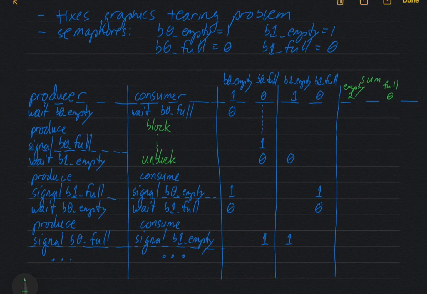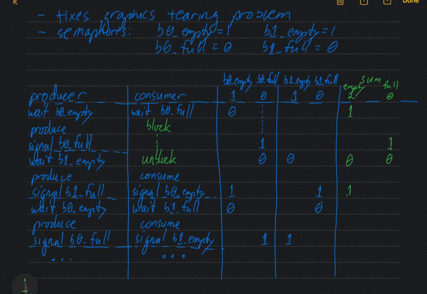After this line, on the first line, empty gets decremented by 1, and then moving down, the full gets incremented by 1, and then empty gets decremented to 0 here, and full gets decremented to 0.